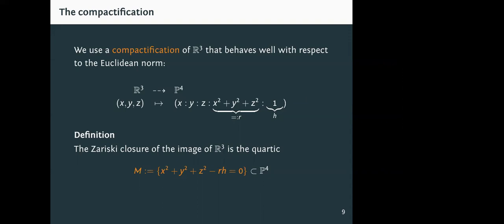And then I have a homogenizing variable, which I call h. From the shape of the map, you can see that the Zariski closure of the image of R3 in P4 is a quadric M that has the equation x squared plus y squared plus z squared minus r times h equals 0.